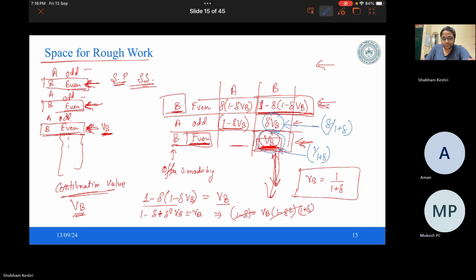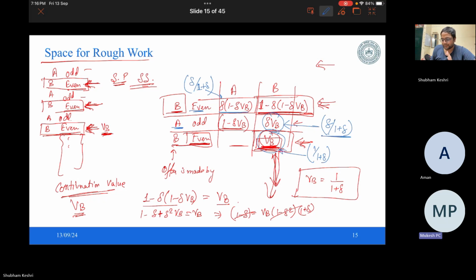And at this stage, the utility of A will be, we just multiply by delta and subtract it. You can just do it. It will become delta by 1 plus delta. So at an odd stage, A will make an offer of delta by 1 plus delta. At an even stage, B will make an offer of delta by 1 plus delta.